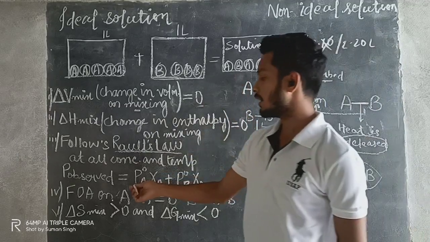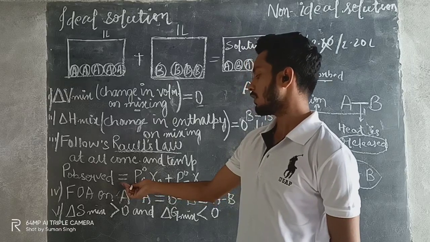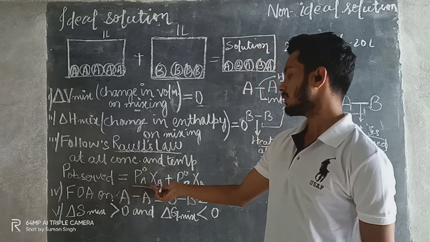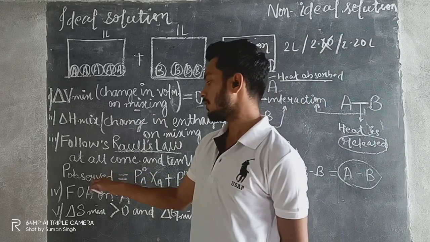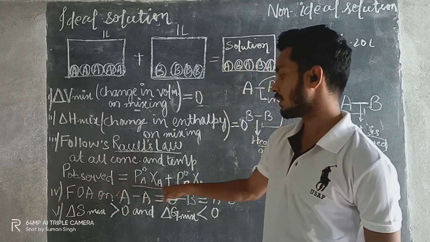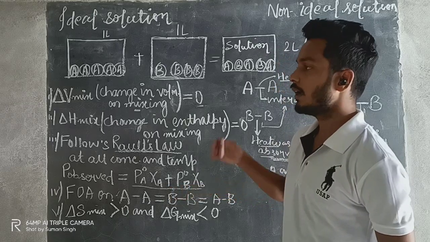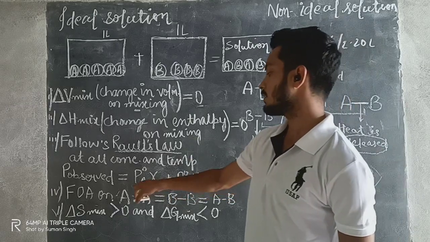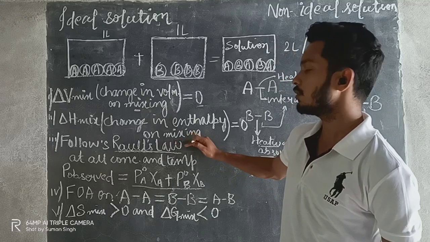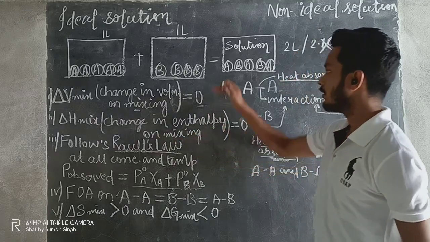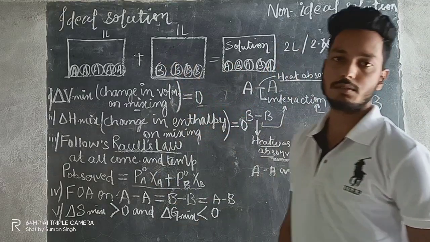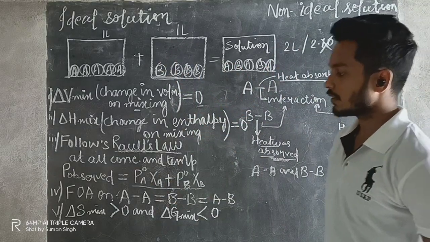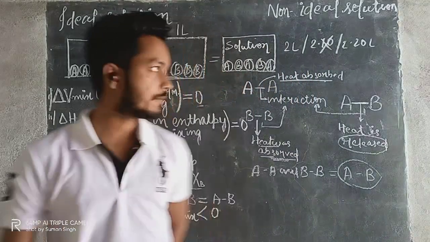It means we have this formula, P = P°A χA + P°B χB, right? So if the observed P from the experiment is the same as P°A χA + P°B χB, then it follows Raoult's law. And if a solution follows Raoult's law, then it is called an ideal solution. Okay. Third condition, I think all of you have got this, right?